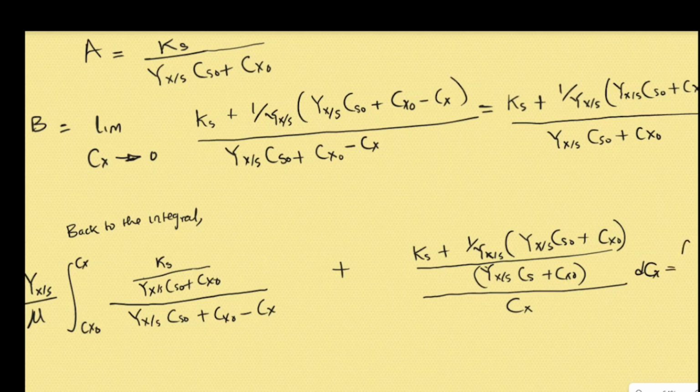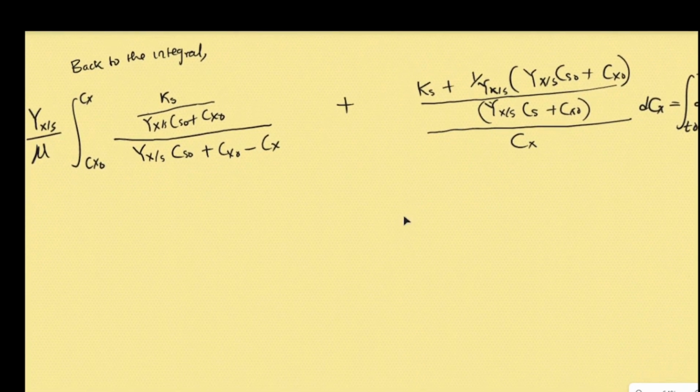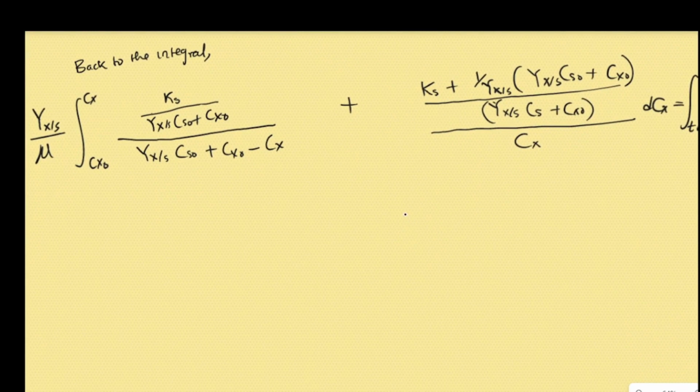And this is the integral from t naught to t dt. So we keep going. I have to make my handwriting much finer. So this is mu max. So we have Y_X/S over mu max.